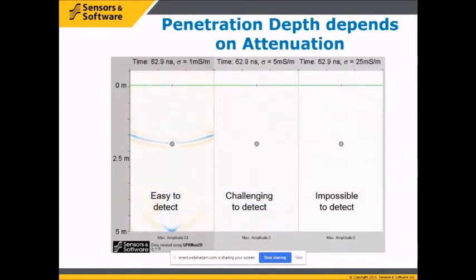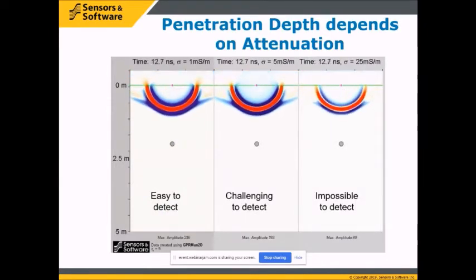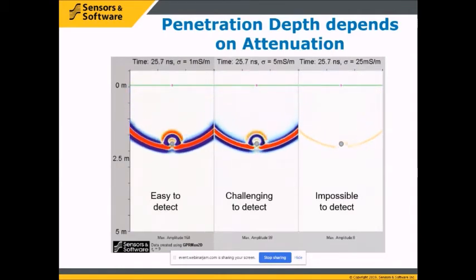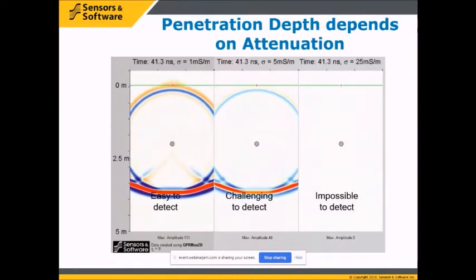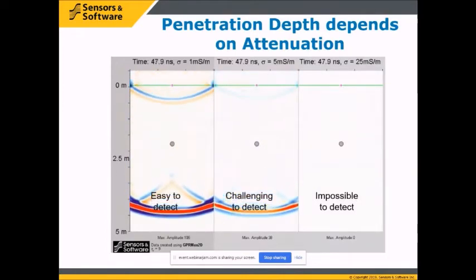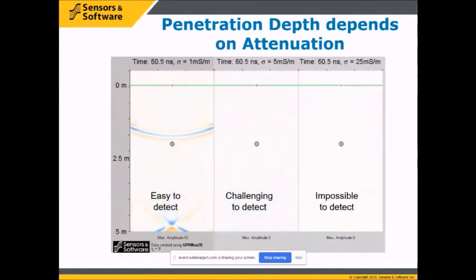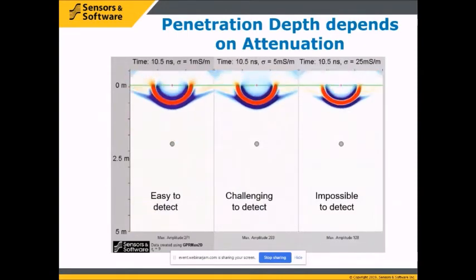Most GPR practitioners have been in this situation, trying to explain to the client why the GPR did not find the object they're looking for. The culprit is often soils with high electrical conductivity. The soil may naturally have high electrical conductivity, such as clay soils, but materials with high electrical conductivity can also be introduced to the soil. This sometimes happens when they add fill to an area to even out a surface.